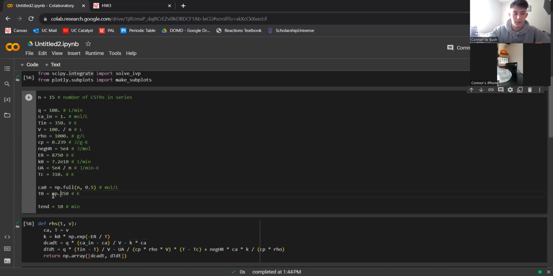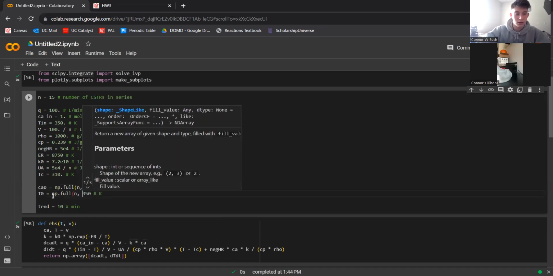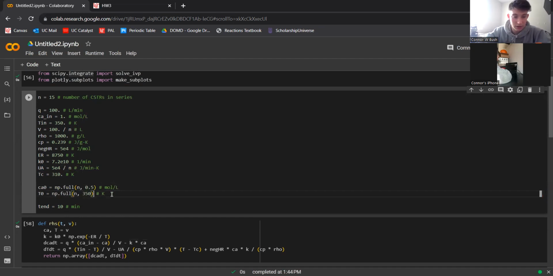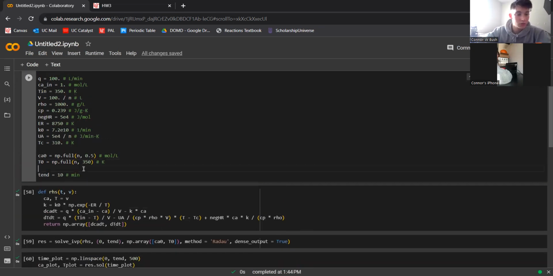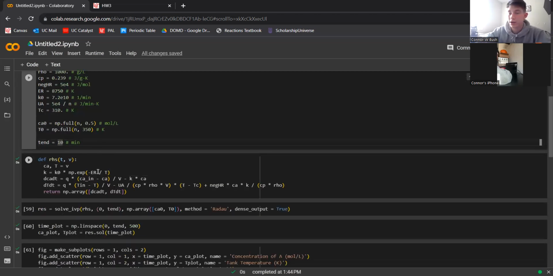Then similarly here, we're going to make an array of length N. This is just a 1 row vector, and then we have our initial guesses for our solve IVP once we get to there. So we're going to leave t end the same at 10 minutes for now. We can always go back and change that.